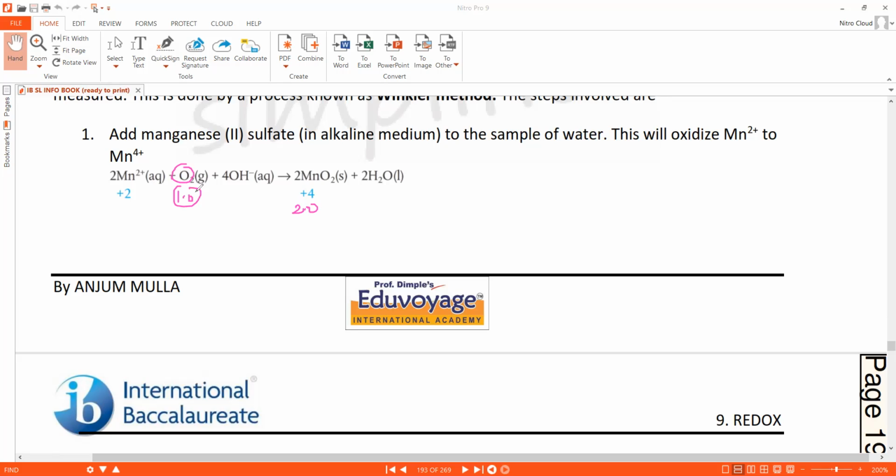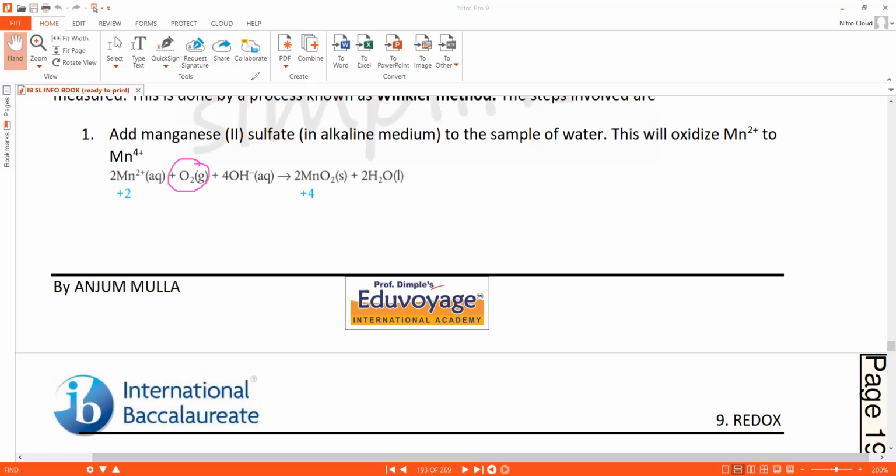So you may notice that in the titration I find the number of moles of thiosulfate, which I started with as 4 moles, and I ended up with 1 mole of oxygen here. Basically, I want to find the number of moles of oxygen.